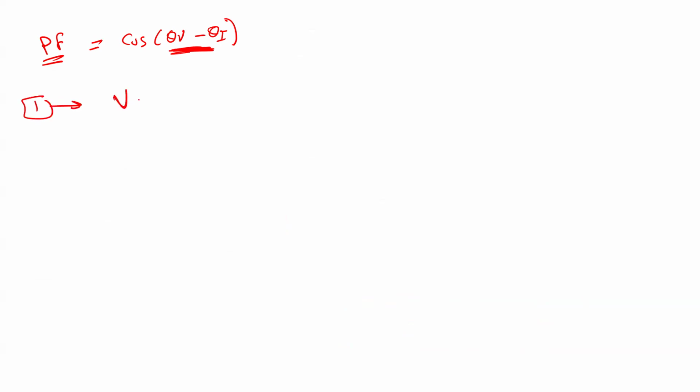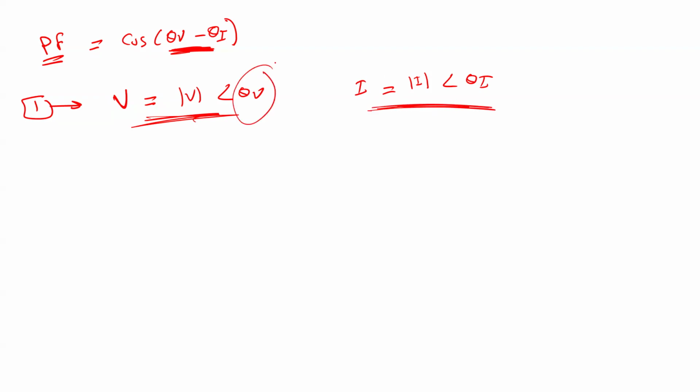If I already have the voltage V with angle theta V, and I have the current I with angle theta I, then I have both angles. So it's easy for me to calculate theta V minus theta I, and then get the cosine. That's what we call the power factor.